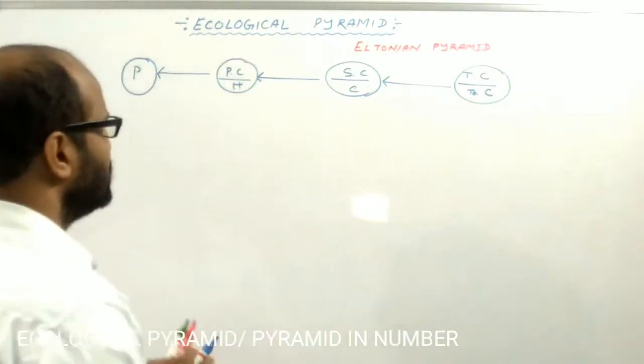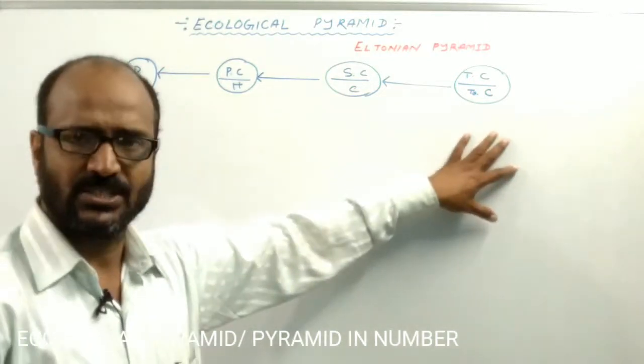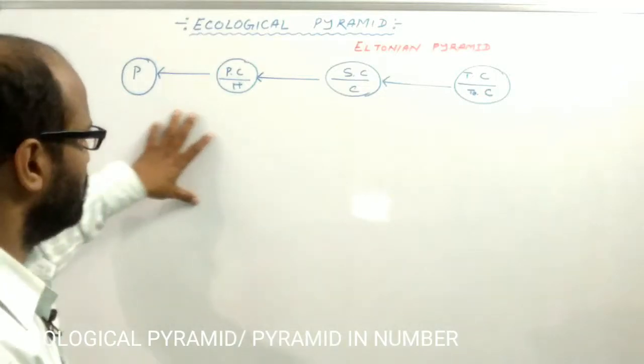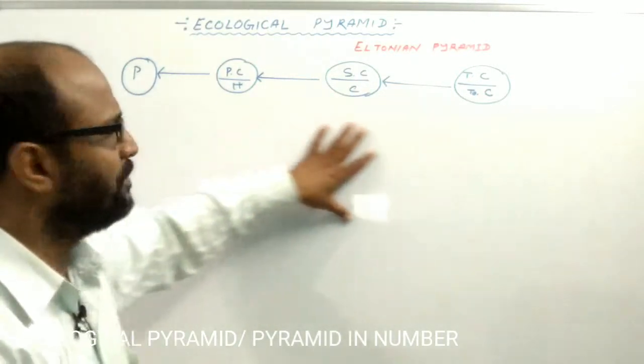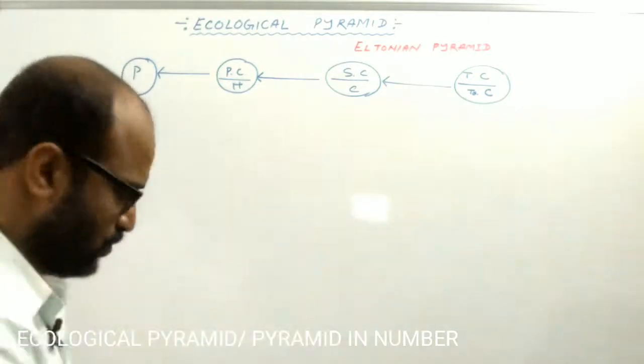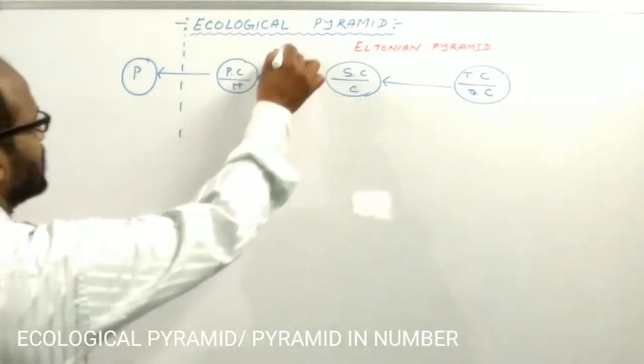So there is a relationship among all the members of the ecosystem, all the members of the food chain, only because of food.